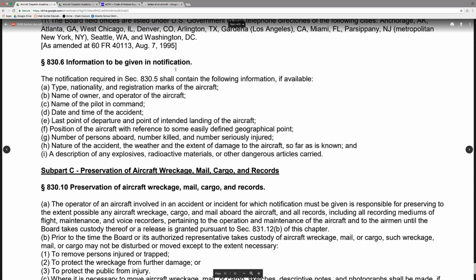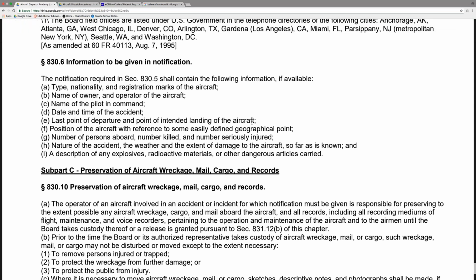So, information to be given in our notification. This goes over some of the things that are required. We'd have to give the type, nationality, registration markings of the aircraft, name of the owner and operator of the aircraft, name of the pilot in command, date and time of the accident, last point of departure and point of intended landing of the aircraft, position of the aircraft with reference to some easily defined geographical point.